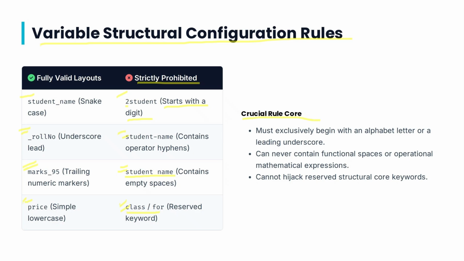Crucial rule: a name must exclusively begin with an alphabet letter or a leading underscore, and it can't start with a digit. This has to be kept in mind. Then, it can never contain spaces or operational mathematical expressions. Third, it cannot hijack reserved structural core keywords such as class, for, if, and so on.